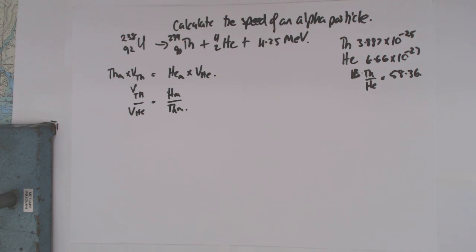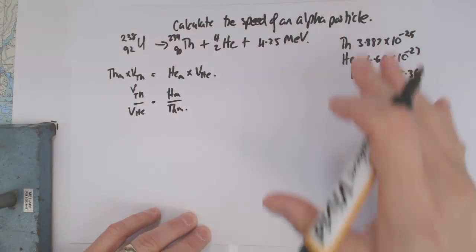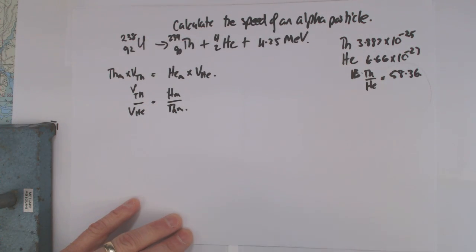We can see those relationships at work. And if we know that, we can write out an equation for the energy. We've now got the relationship between the velocities. So the alpha is going to have a velocity which is 58.36 times more.